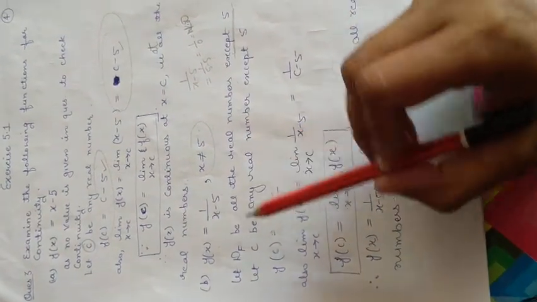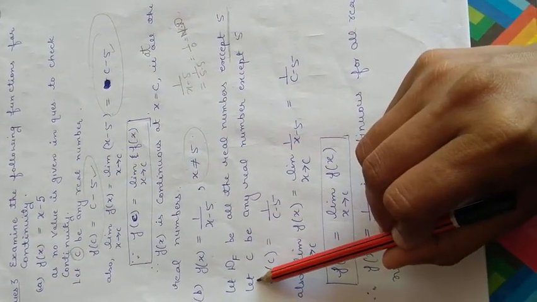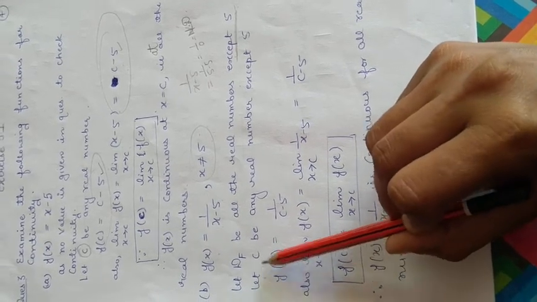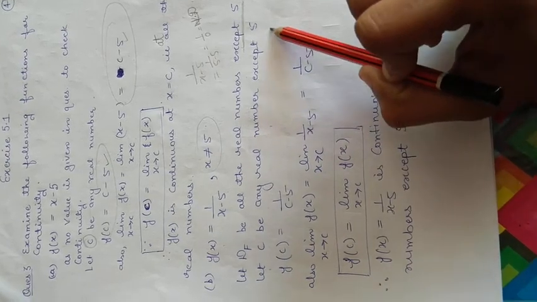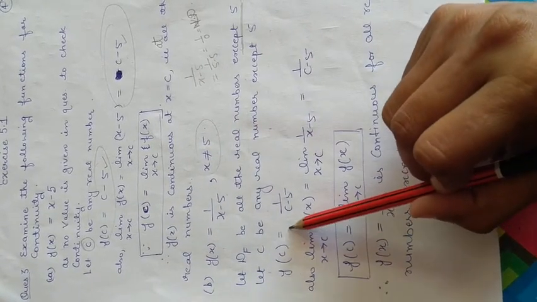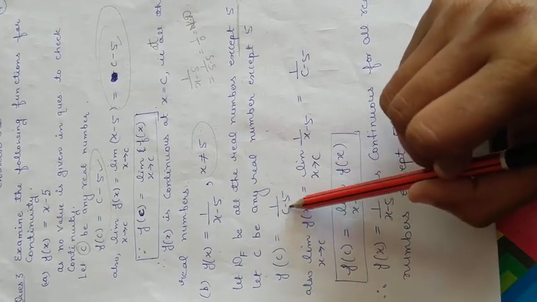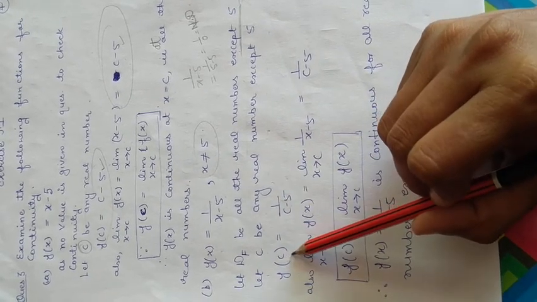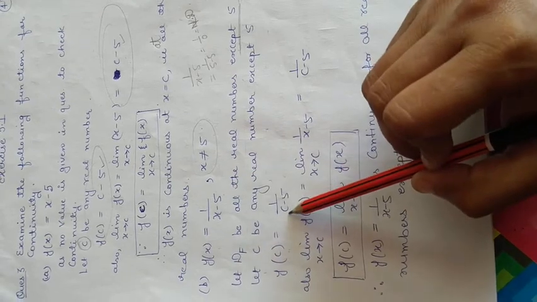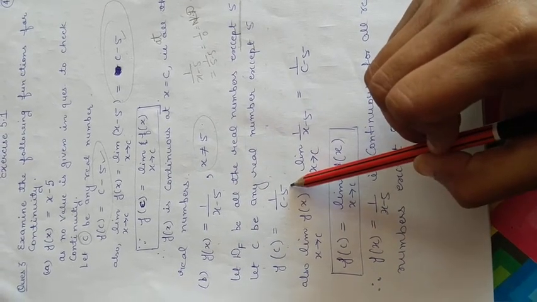So now let's write our assumption, that is let c be any real number except 5, and f(c) will be 1 upon c minus 5. Because बच्चे, when I put the value of c in this function, what I get is 1 upon c minus 5. Clear?